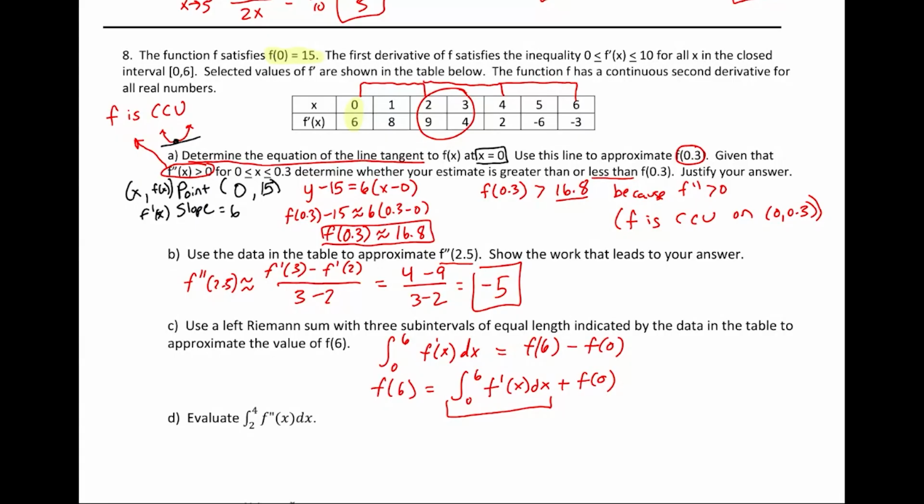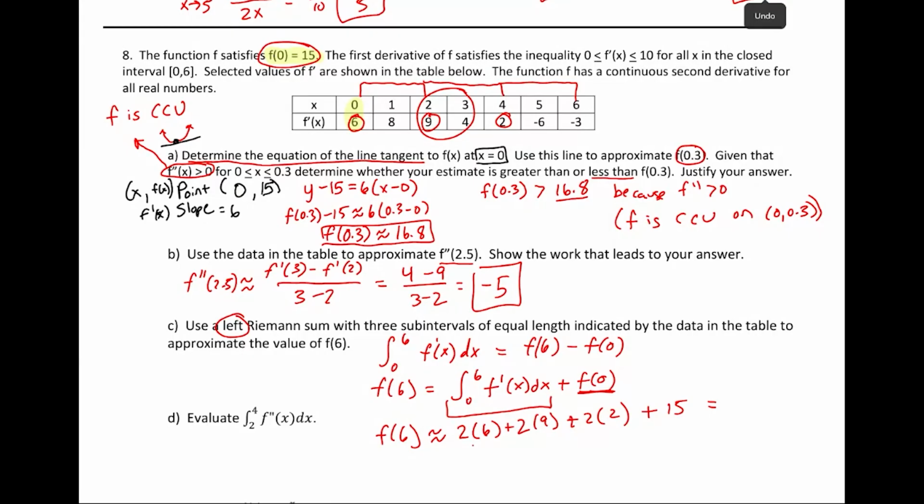I'm running out of room here, but f of 6 will be, now we're going to estimate, the length of the first interval is 2, and since we're dealing with a left Riemann sum, we're going to grab the left partition's value, so 6 on that first one, 9 on the second one, and then the last rectangle will have a height of 2. And then plus f of 0, which was given initially as 15.